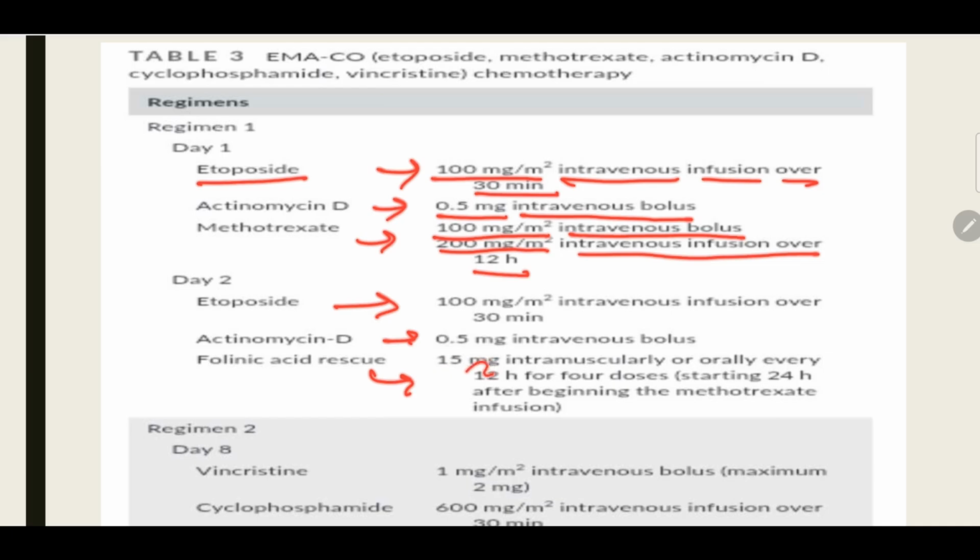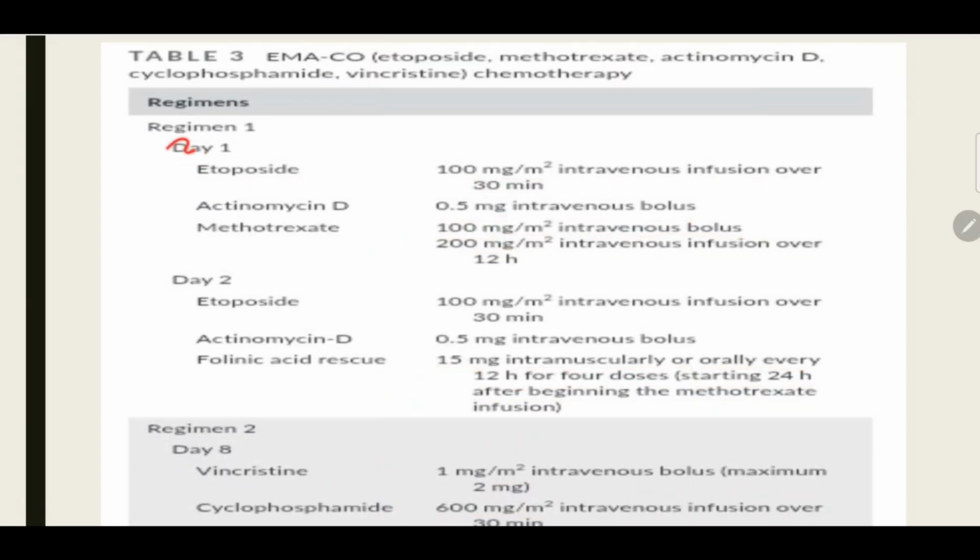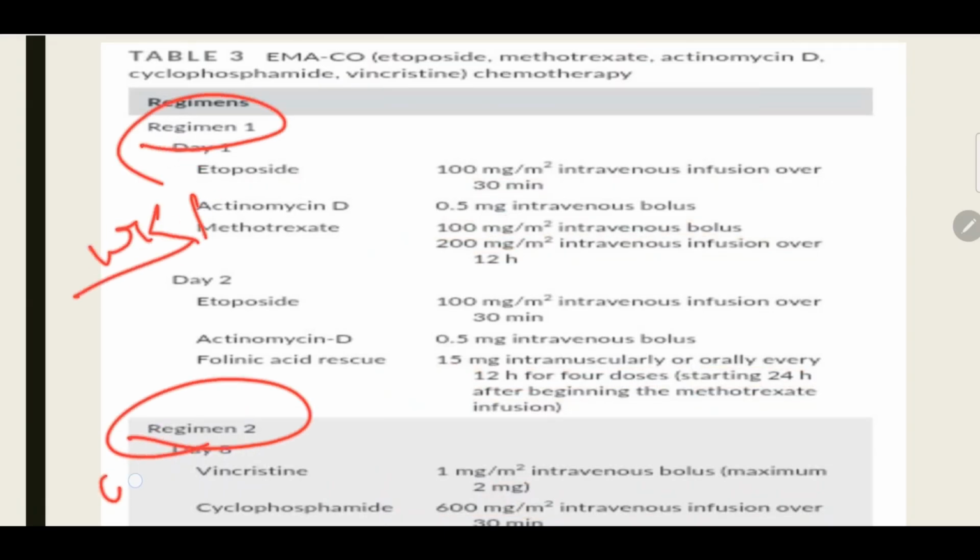Folinic acid rescue 15 mg intramuscularly or orally every 12 hours for 4 doses, starting 24 hours after beginning the methotrexate infusion. Vincristine dose 1 mg per meter square IV bolus, maximum 2 mg. Cyclophosphamide dose 600 mg per meter square IV infusion over 30 minutes. The two regimens alternate each week, that is regimen 1 and regimen 2. This is week 1 and this is week 2.